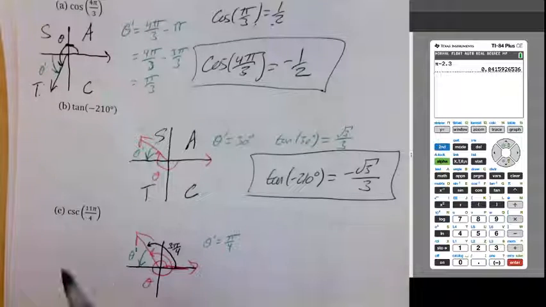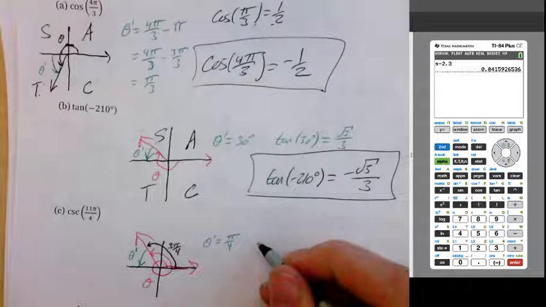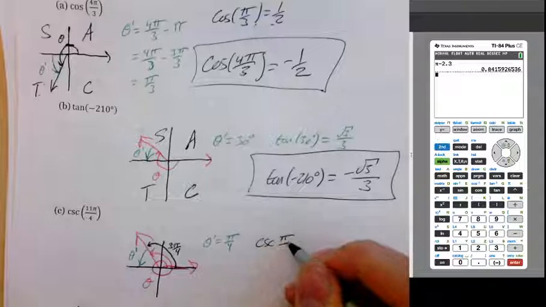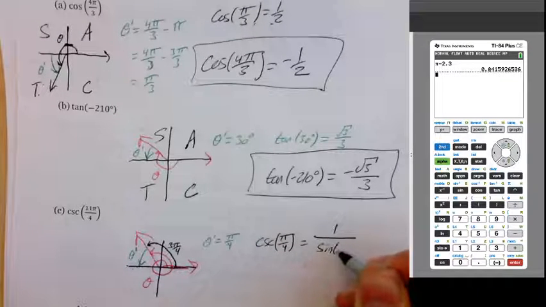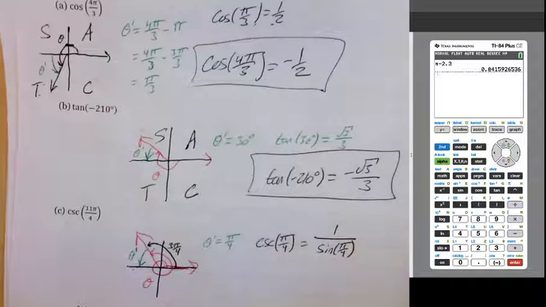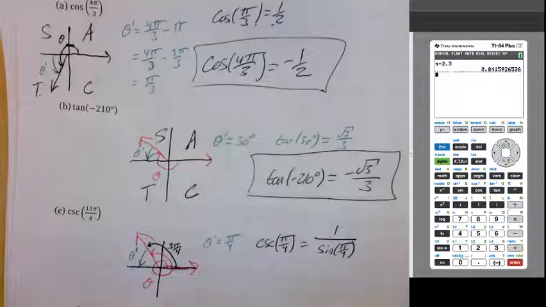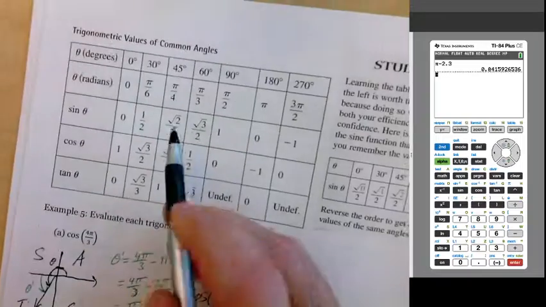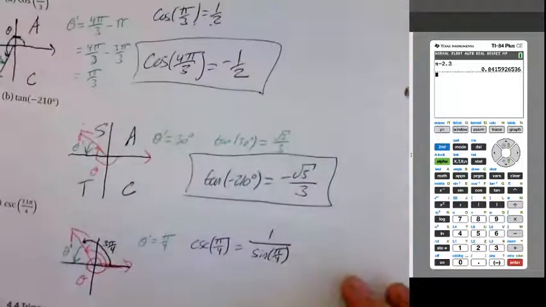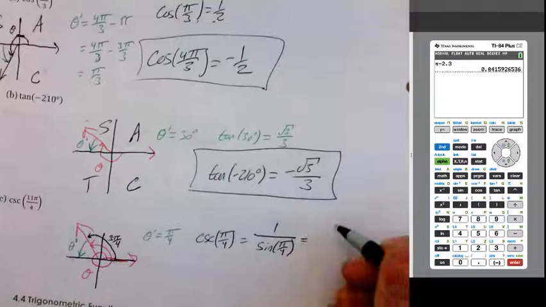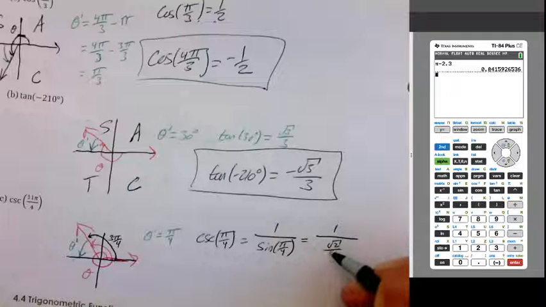Okay, and we want to do cosecant. Now remember, cosecant of pi over 4 is the same thing as 1 over sine of pi over 4, the reciprocal of sine of pi over 4. Sine of pi over 4 is root 2 over 2. So this is 1 over root 2 over 2.